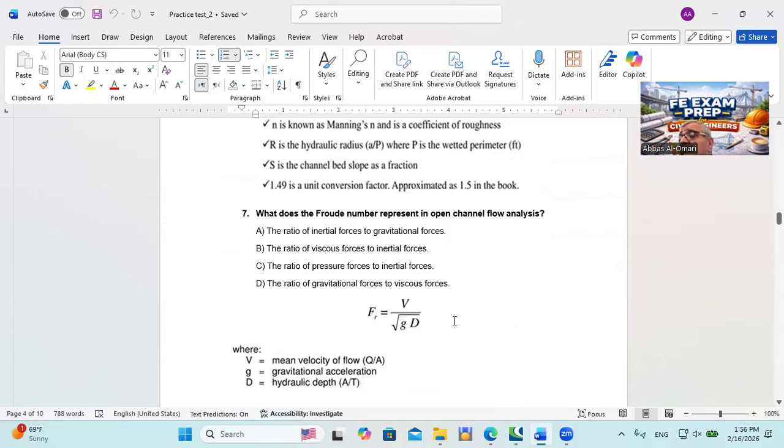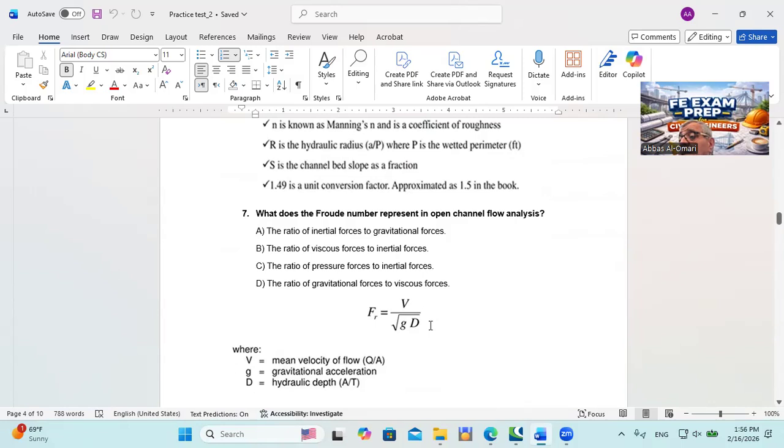So the Froude number represents inertial forces divided by gravity forces. So the answer is A.